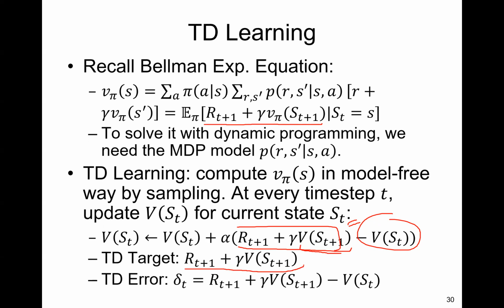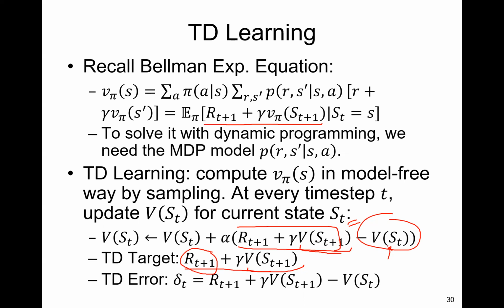In principle, it should be more accurate than the current estimate of V of s t, because you have a concrete reward for the next step and you have the V for the next state. This concrete reward gives you more information, so in theory you should trust this term more than your current estimate.